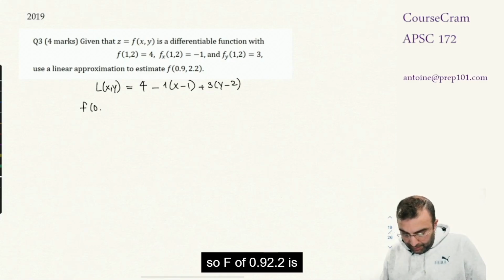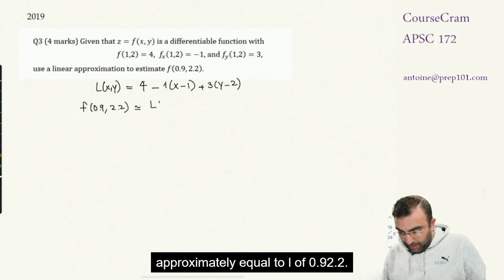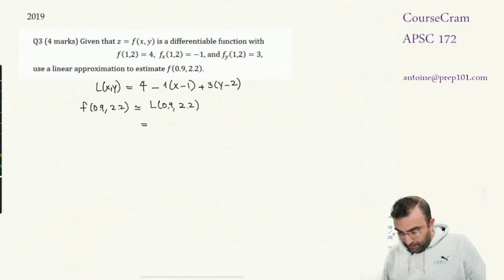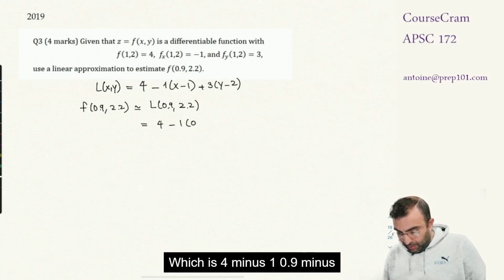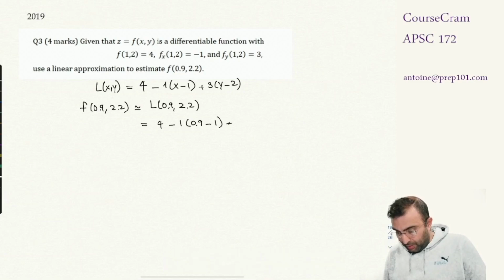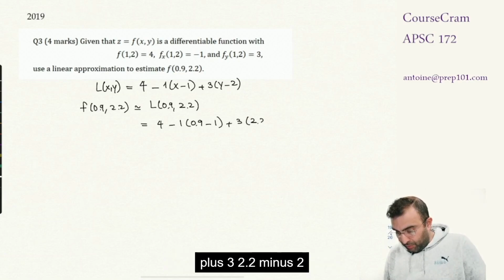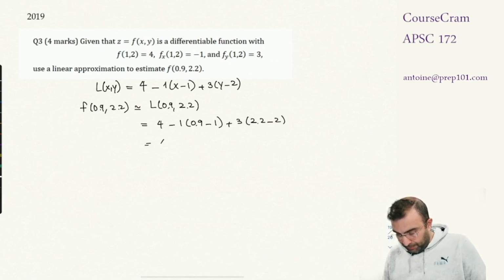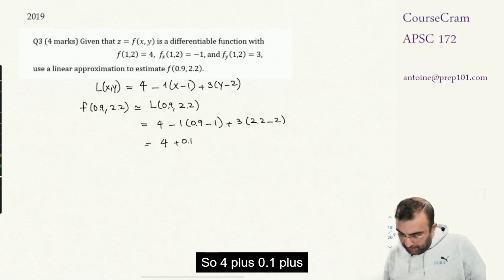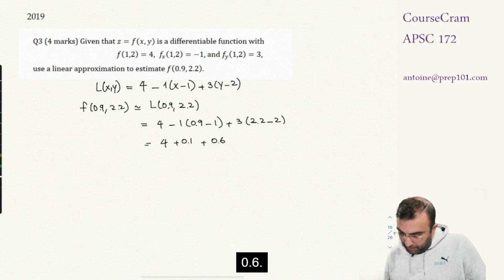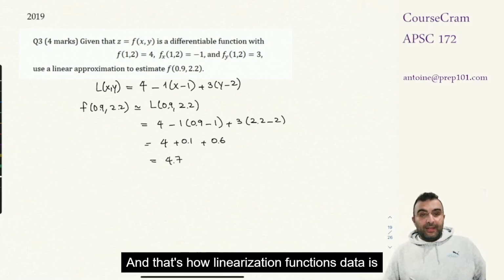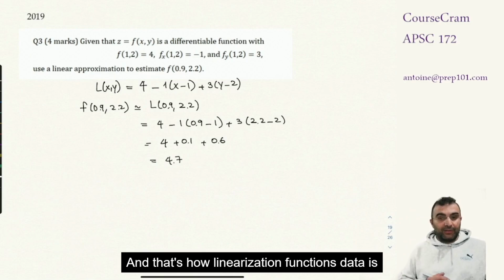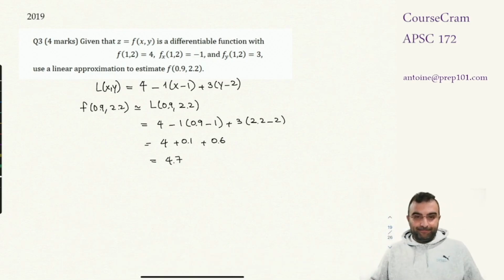So f of (0.9, 2.2) is approximately equal to L of (0.9, 2.2), which is 4 minus 1 times (0.9 minus 1) plus 3 times (2.2 minus 2). So 4 plus 0.1 plus 0.6, so 4.7. And that's how linearization functions, ladies and gentlemen.